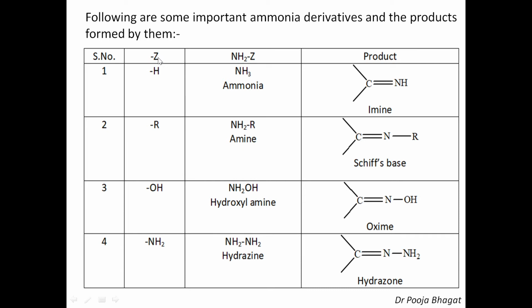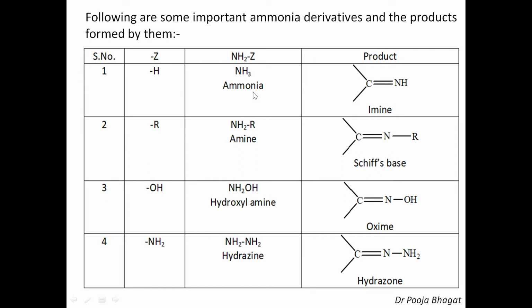Now this is Z. Initially, if you can recollect, this is the reagent NH2Z, ammonia derivative. And I told you that we will replace this Z by various groups or substituents, and then we'll see what reagent is there and what product is formed. So if this Z is H, then NH2Z will be NH3, that is ammonia.